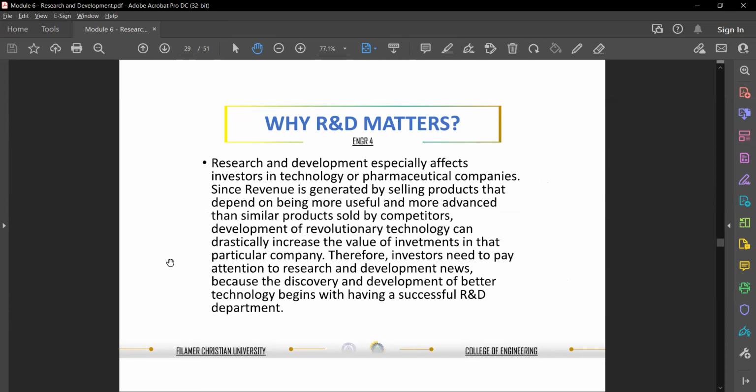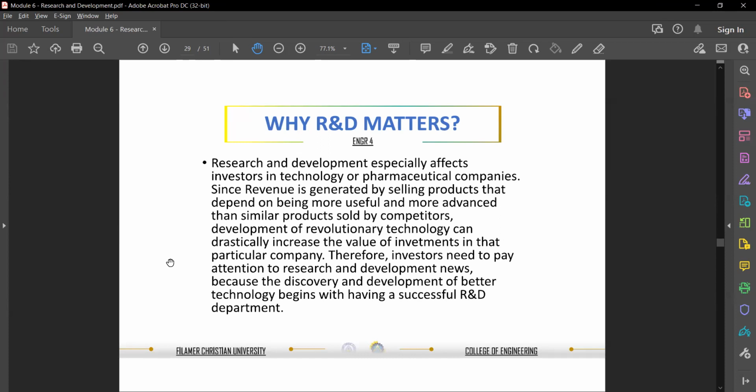So research and development especially affects investors in technology or pharmaceutical companies since revenue is generated by selling products. Kaya mahal yung Apple compared sa Android phone. That depends on being more useful and more advanced than similar products sold by competitors.